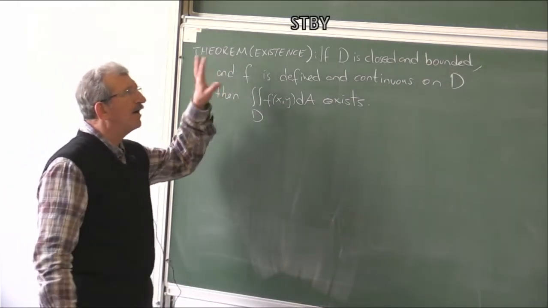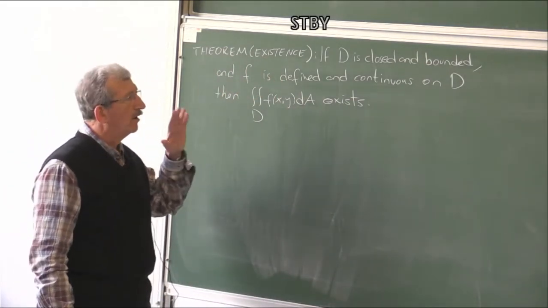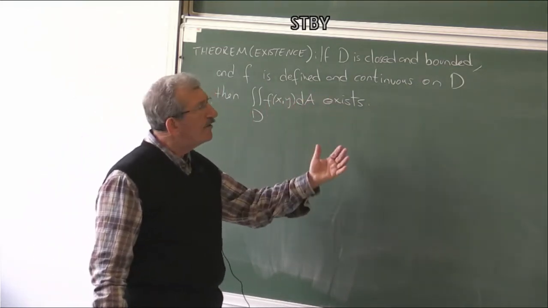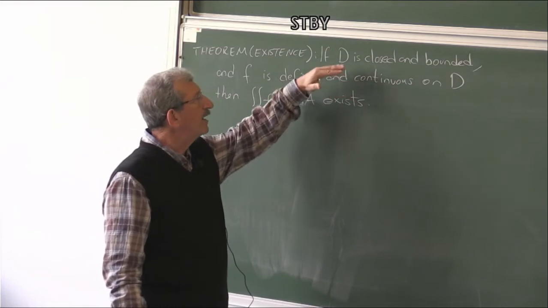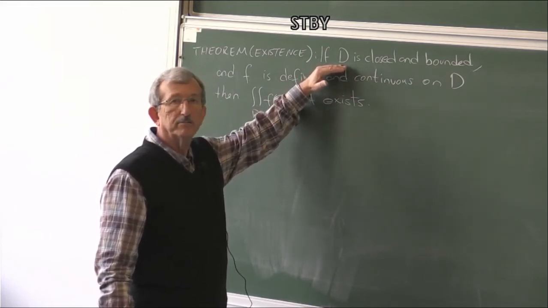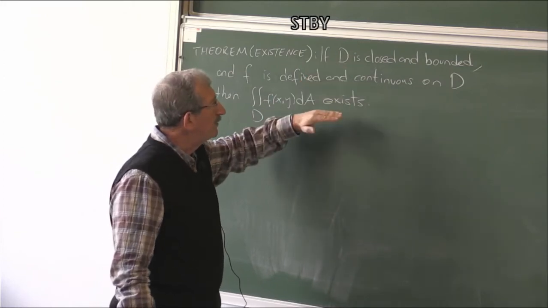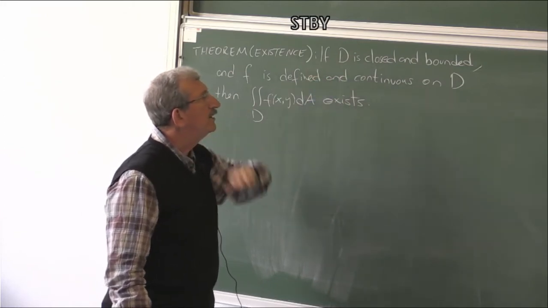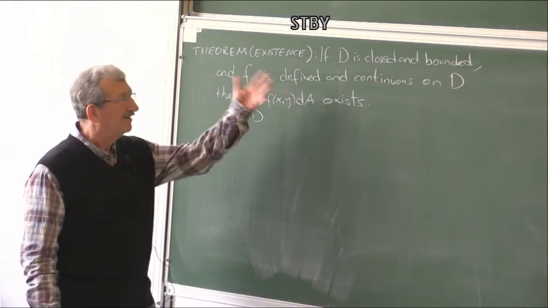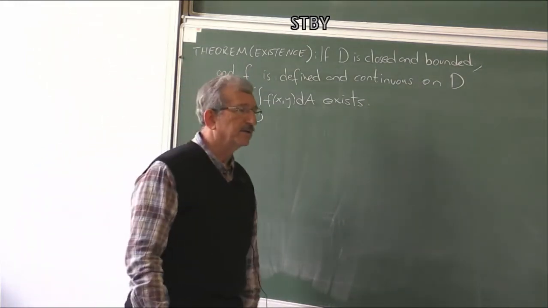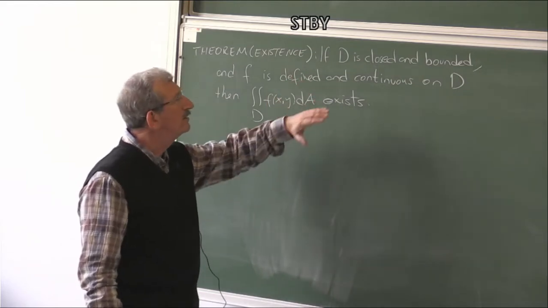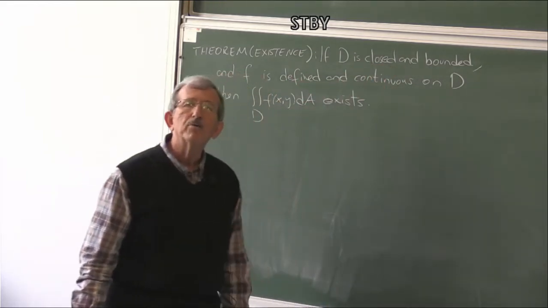So this is a direct generalization of the existence theorem in one variable, but be careful here that D is not an arbitrary set. Even if F is very nice, the integral on D may not exist. Actually, this is still not exactly correct. You need a little bit more than closed and bounded.